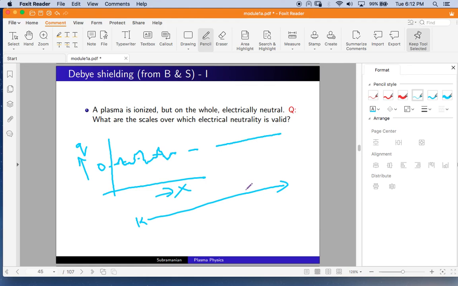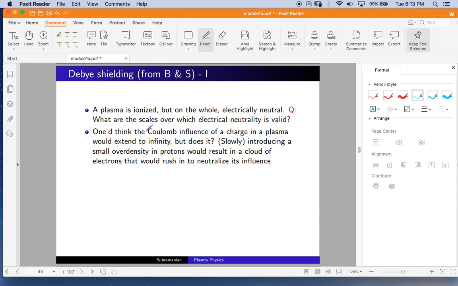But if you took a fine enough microscope such that you can resolve distances as small as this, you would see little charge imbalances. So the question really is, what are the scales over which charge neutrality is valid?